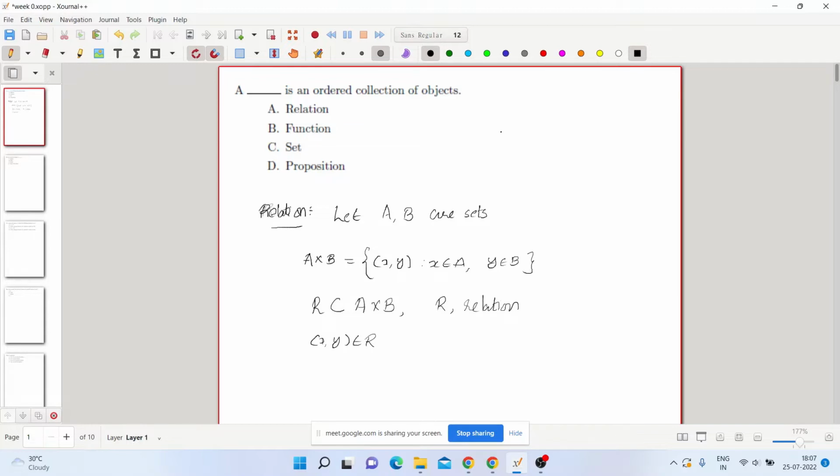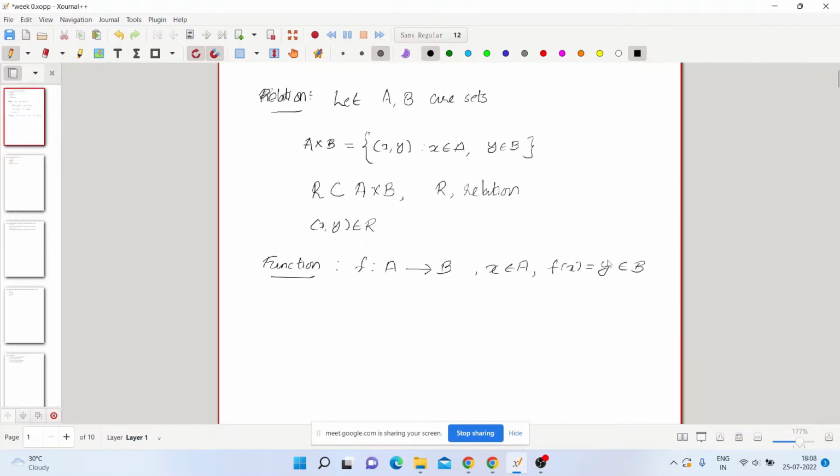Now, let us see what is a function. A function is also defined from a set A to a set B in such a way that for any x in A, we will have an element f of x, or we can say f of x equal to y, which is in set B. So, this is the function.